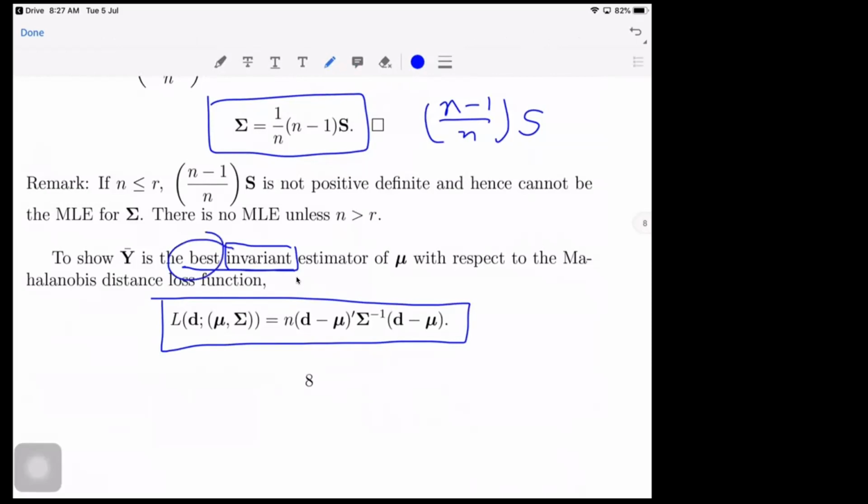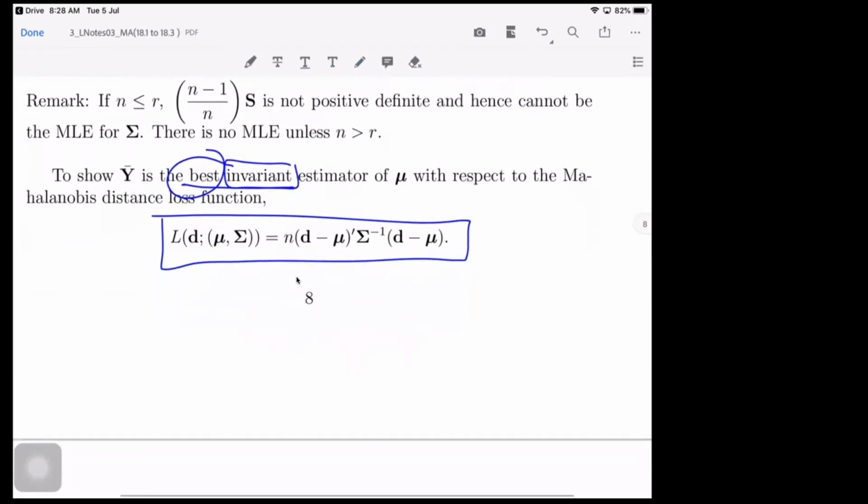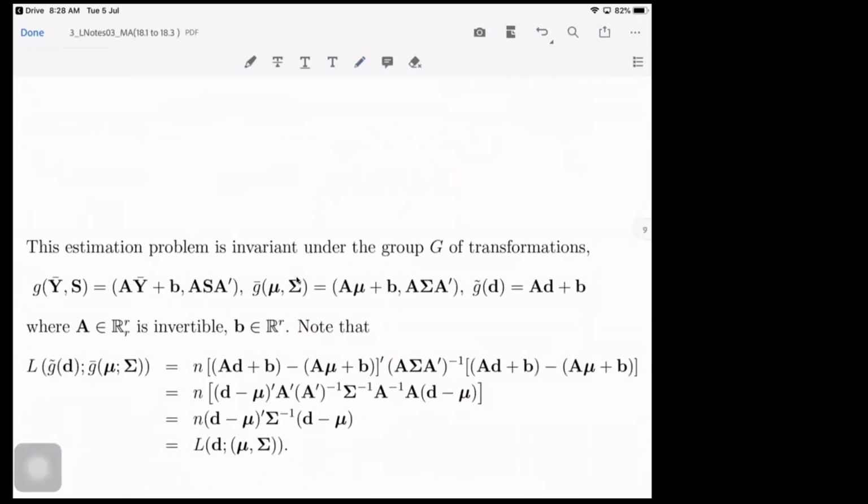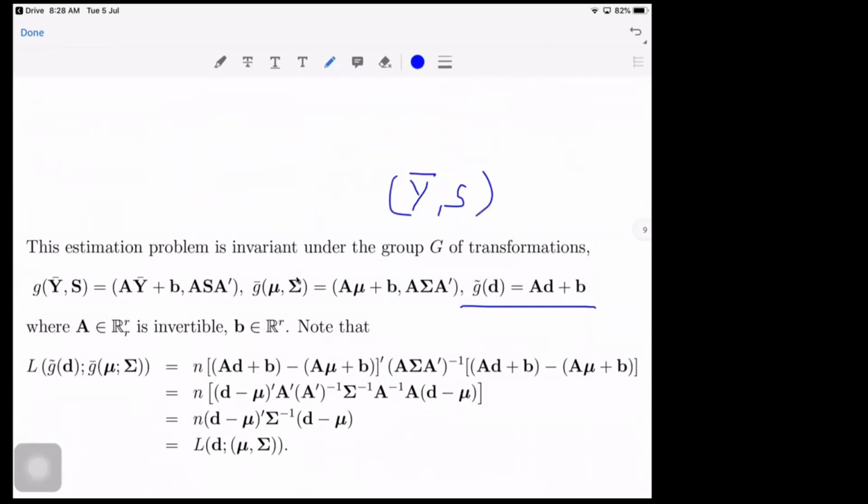For it to be the best, you should have another competing estimator, which is also invariant, but with respect to the variance, it will have the smallest variance. The transformation under which y bar and s are invariant estimators is only an affine transformation. So you will have a matrix A times your estimator plus some constant B there.